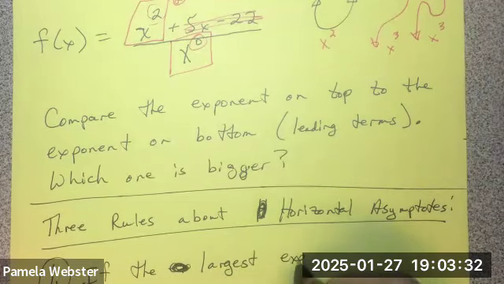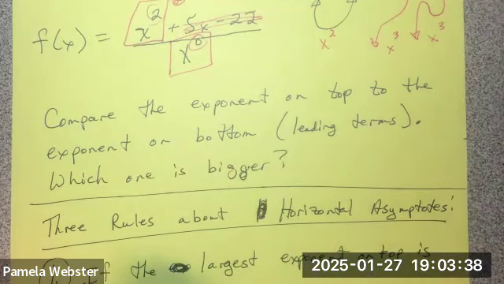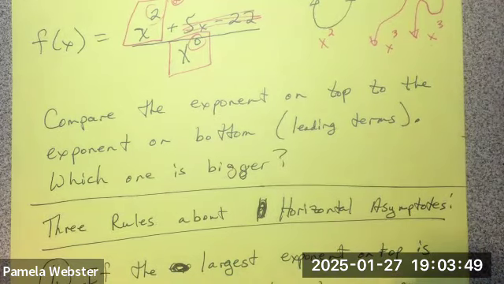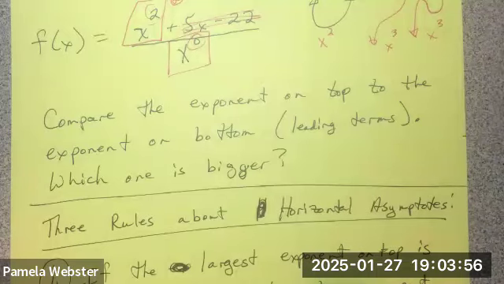If the largest exponent on top is bigger than the largest exponent on bottom, then there is no horizontal asymptote.